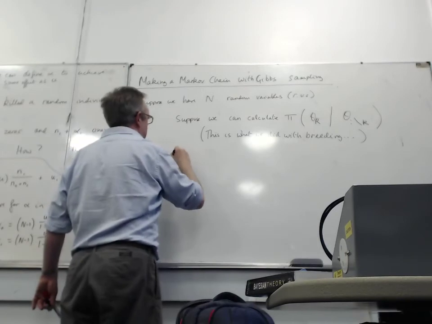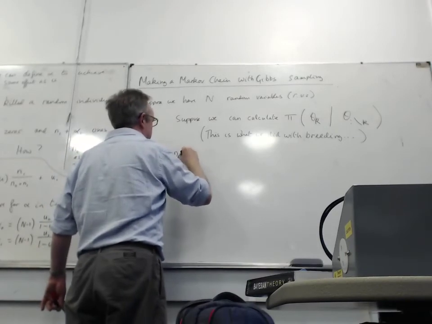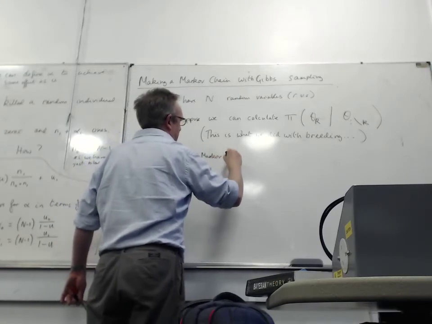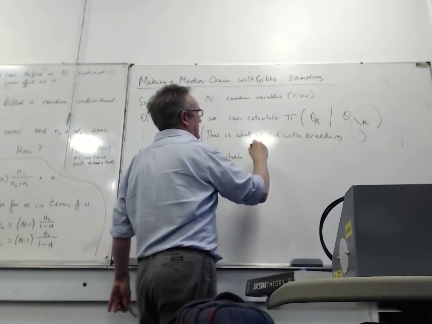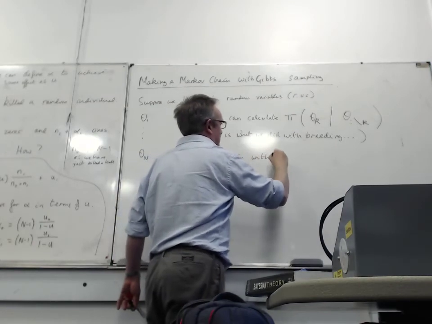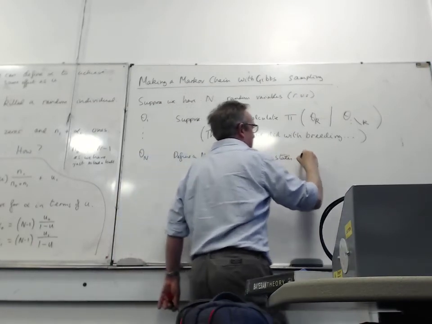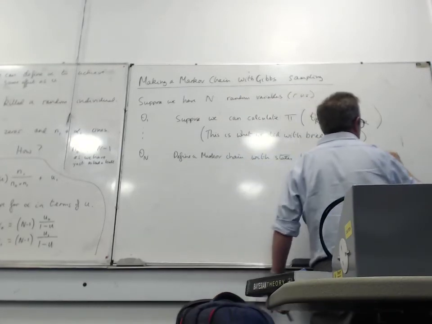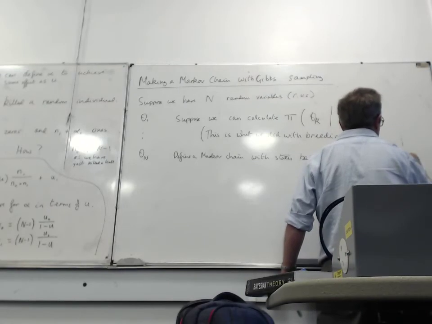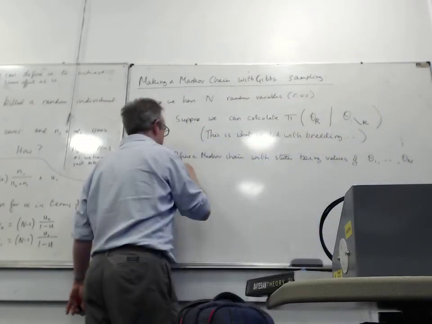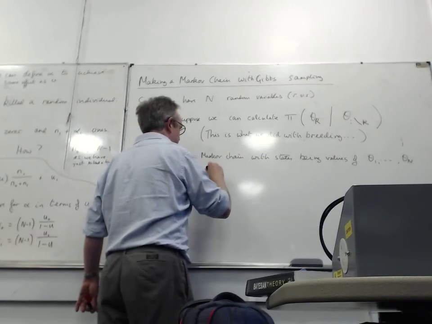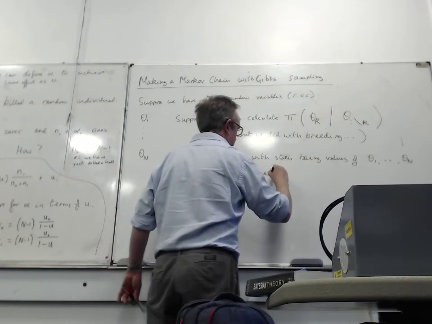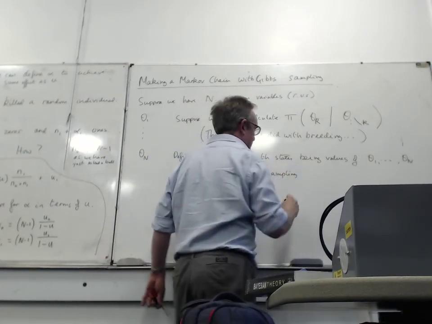Then we can define a Markov chain with states being values of theta, and transitions doing resampling.